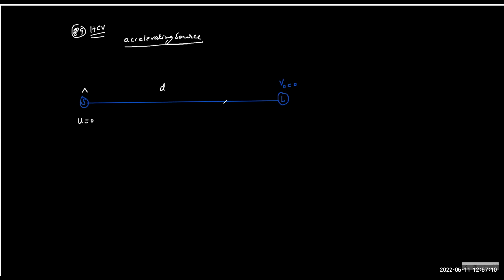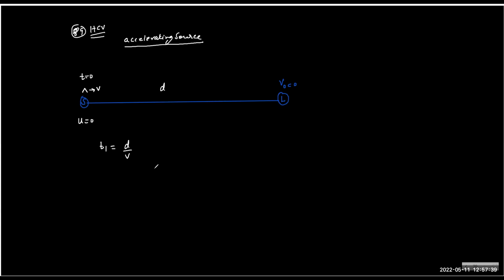So the first sound which will be emitted by the source will take how much time to reach the observer? If I say the emission of the first peak is at t equals 0, this sound will travel with velocity of sound v to reach the observer. So the time taken by the sound note to reach the ear of the observer is d by v, isn't it?